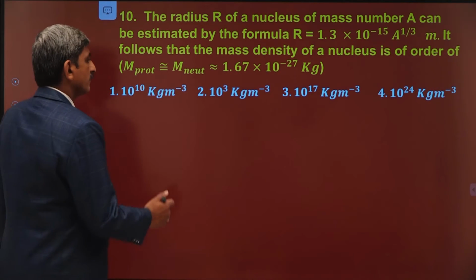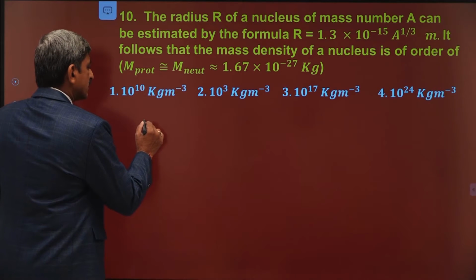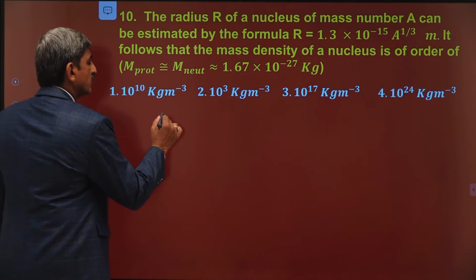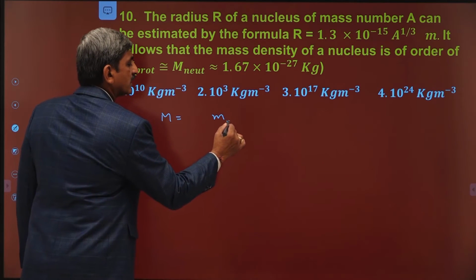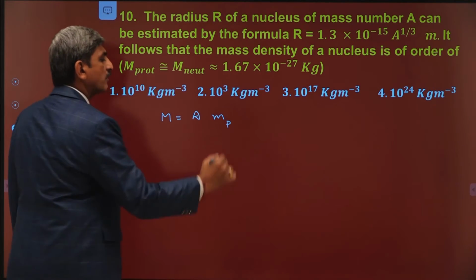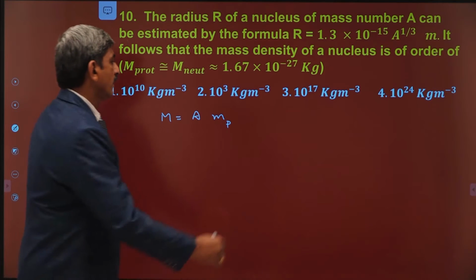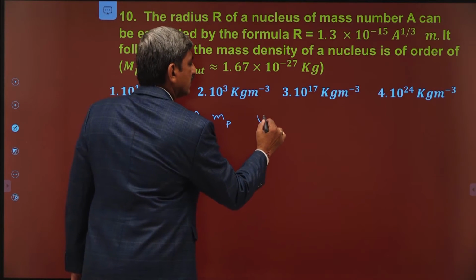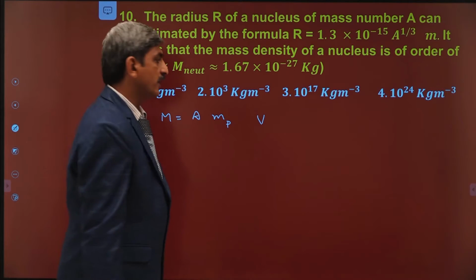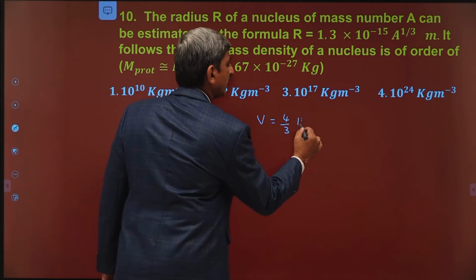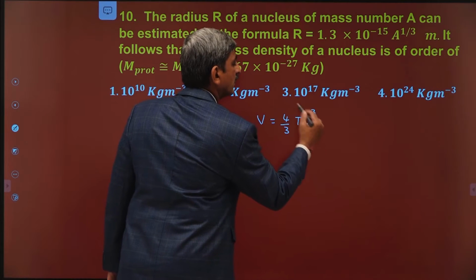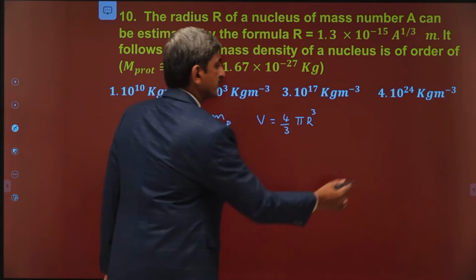We know that the mass of the nucleus is equal to the mass of each nucleon times the total number of nucleons. Also, we know that the nucleus is in the form of a sphere. Its volume V is equal to 4/3 pi r cube if r is the radius of the nucleus.